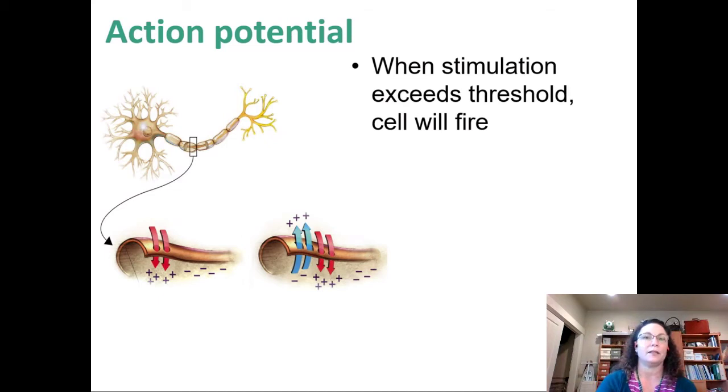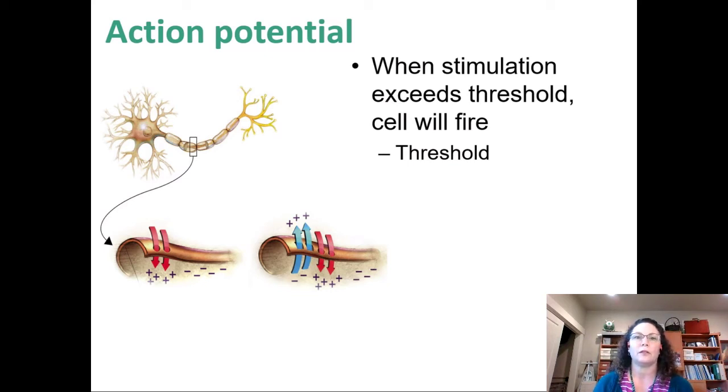Okay, I think we need to define a few words. What's threshold? So when your axon is at rest, when your neuron is at rest, I should say, when the neuron is resting, it's not being stimulated by its neighbor, it's not having an independent thought that it feels like sharing with its neighbor, it's just resting.